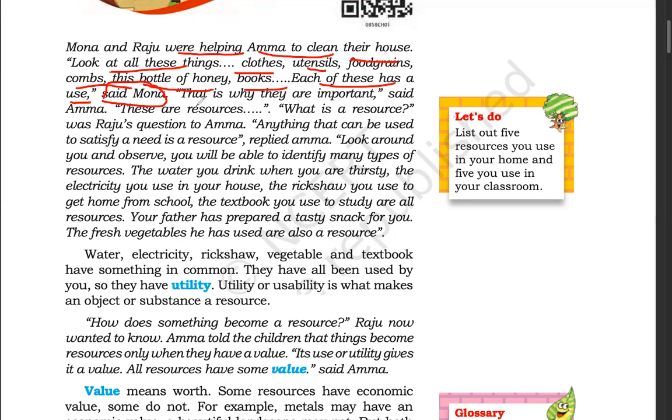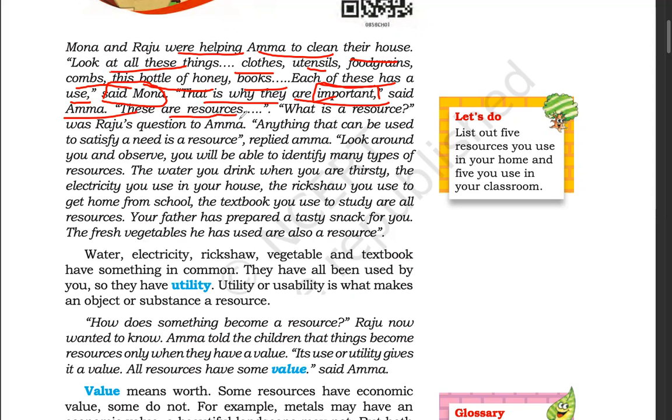That is why we use utensils, and that is why they are important. So the things that have a use are important, said Amma.